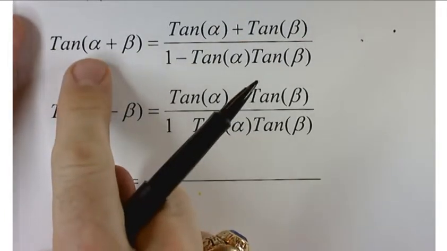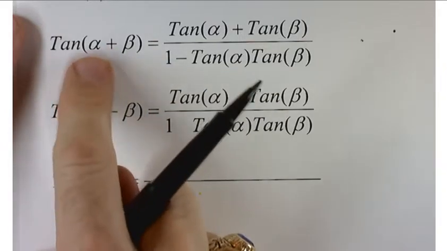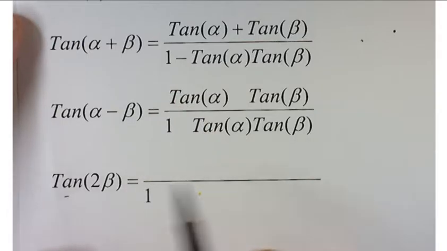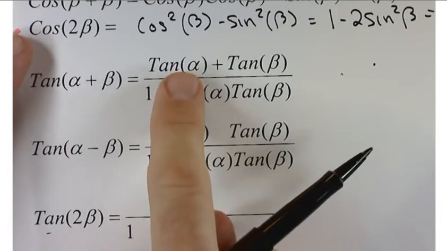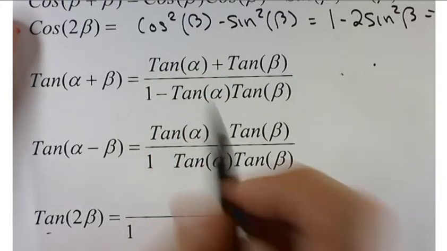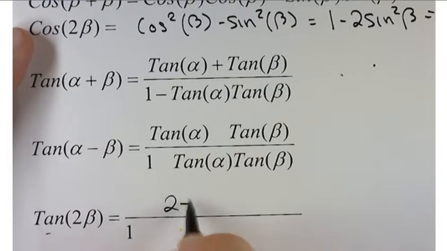If you take alpha and beta, and replace alpha by beta, beta plus beta would be 2 beta. How would that change things up here? Instead of tangent alpha, I'd have tangent of beta. I'd have tangent of beta plus tangent of beta, which is 2 tangent of beta.